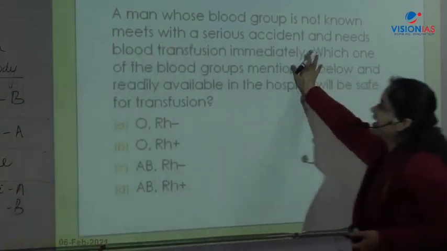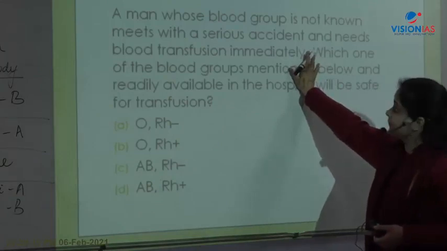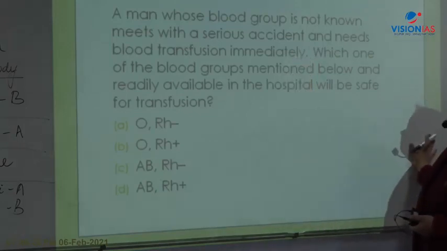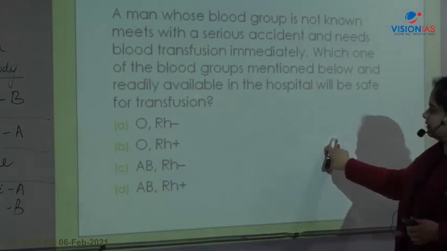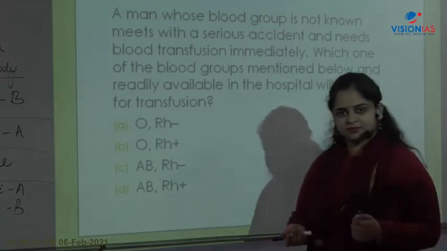Chalo. Let's see. A man whose blood group is not known meets with a serious accident and needs blood transfusion immediately. Which one of the blood groups mentioned below and readily available in the hospital will be safe for transfusion?